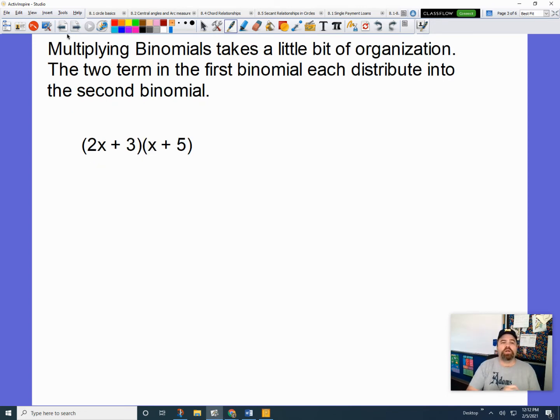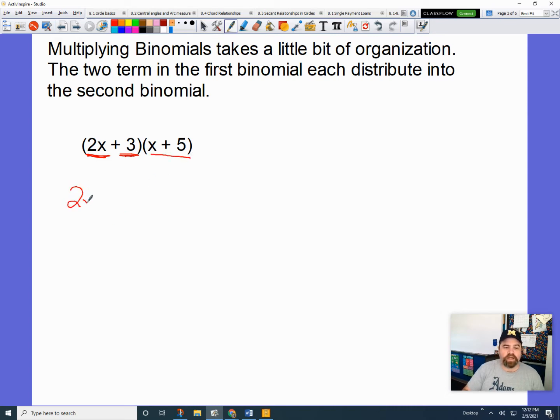So the way this works when you distribute, you're multiplying a binomial times a binomial. I'm going to show you the long way, and then how I actually do it, simply because I want you to see. I am going to take each term in here, and I'm going to set up a distributive property problem with this binomial here.